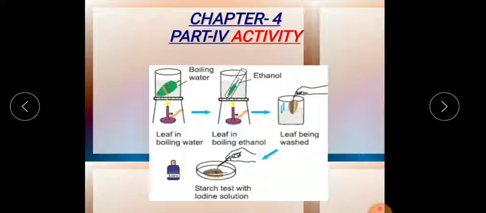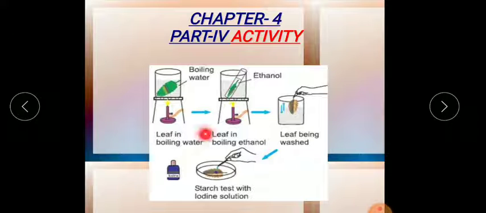Okay, now the last step. This is a chemical, you can see this is an iodine solution. For demonstrating the starch during photosynthesis, we need iodine solution. Iodine solution has one property: wherever in any food item, or in this leaf also, starch is present, and if we put 1 or 2 drops of iodine solution, it will turn blue black.